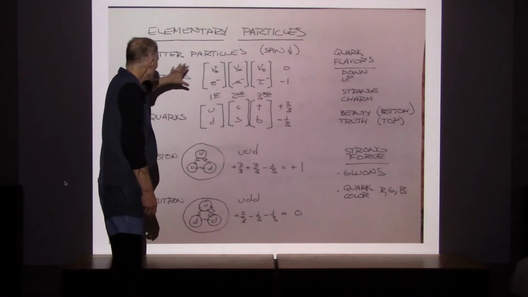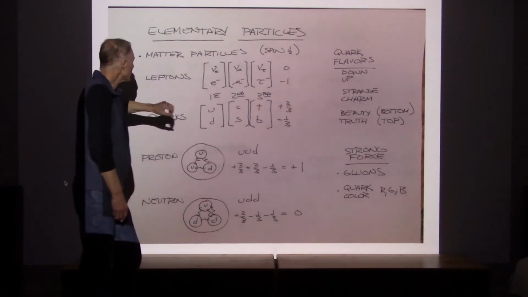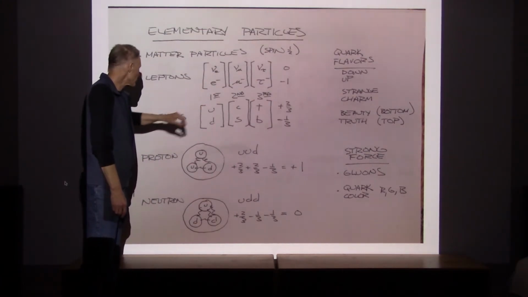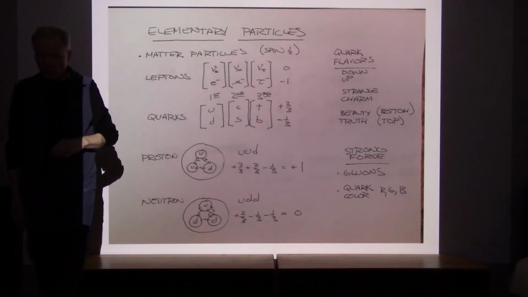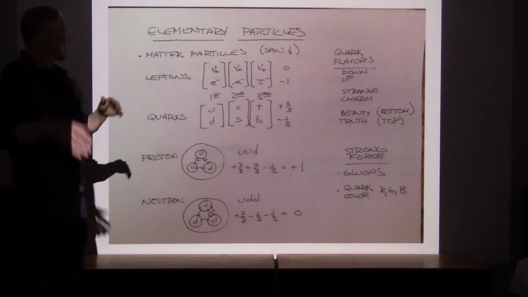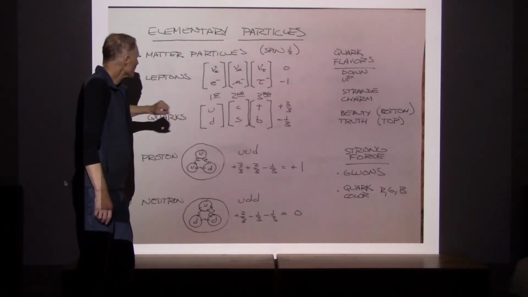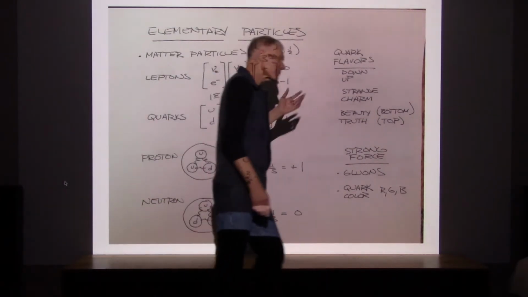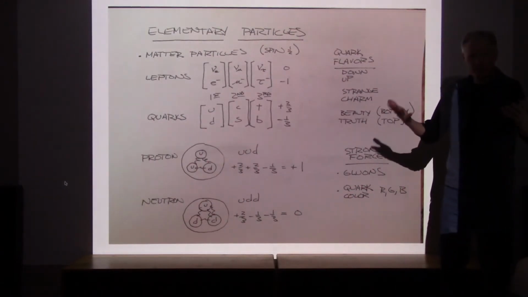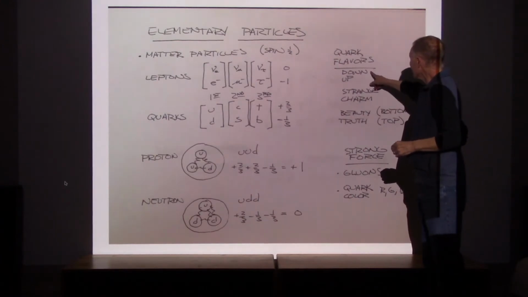So we've looked at the leptons, 6 different flavors of leptons. Well, there are 6 different flavors of quarks. And we'll get more to that. The quark flavors have been labeled as the first generation of quarks, the simplest, lowest mass quarks, called down and up.